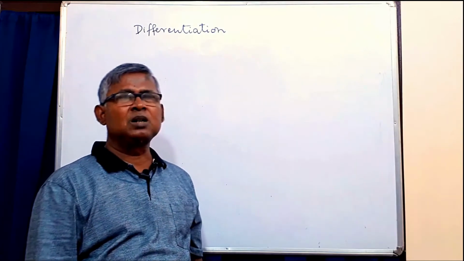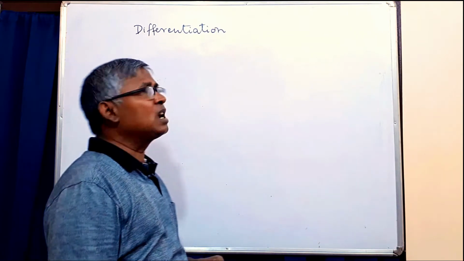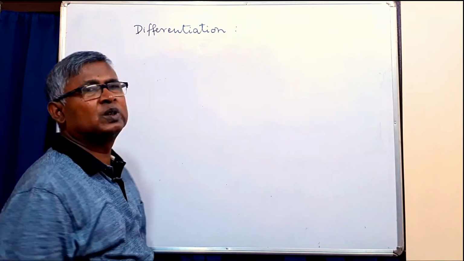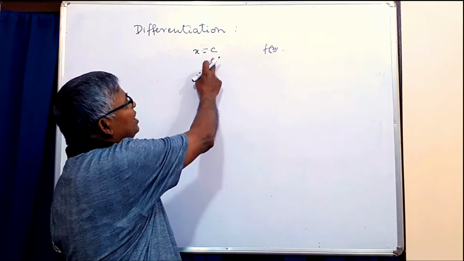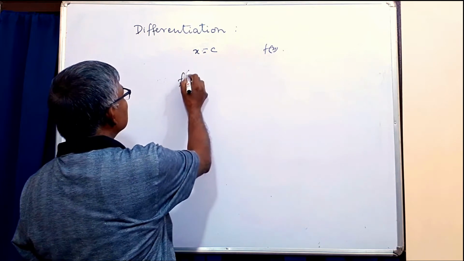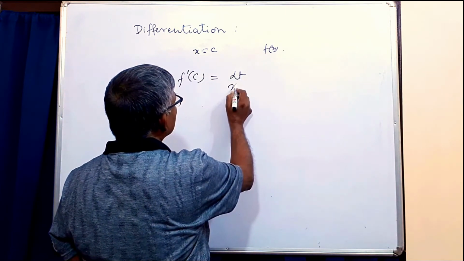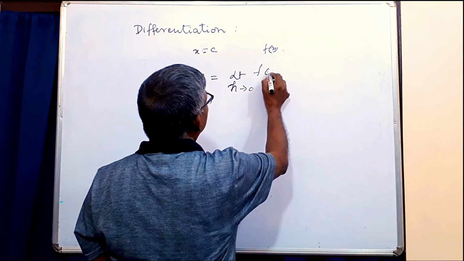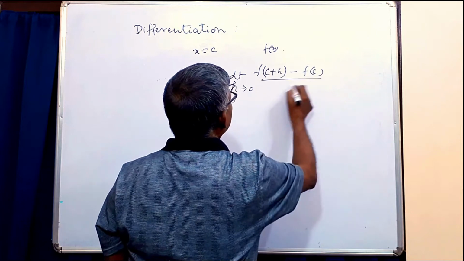Students, we have learned what is the derivative or differential coefficient of a function. Now let us learn what is differentiation. Differentiation is a process in which we get the derivative of a function. Suppose c is an interior point in the interval. So what is f dash c? We can write it as limit h tends to 0 of f(c plus h) minus f(c) by h.